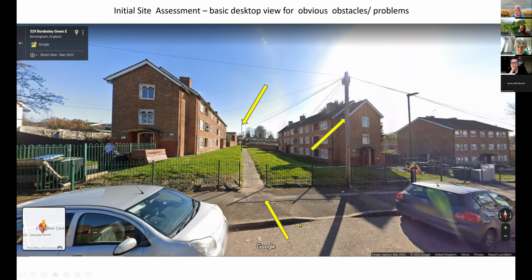We can also see that there are things like service runs. So here we've got an inspection chamber cover. We can see that there's been some digging of the pavement going sort of left to right on here, but there might also be some indication of this heading off down this pathway here. Further inspection chambers down there would probably give us an indication of the line of that run.